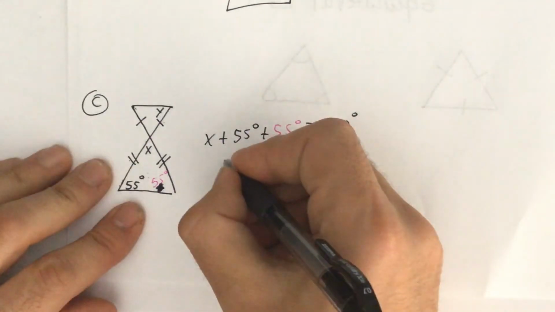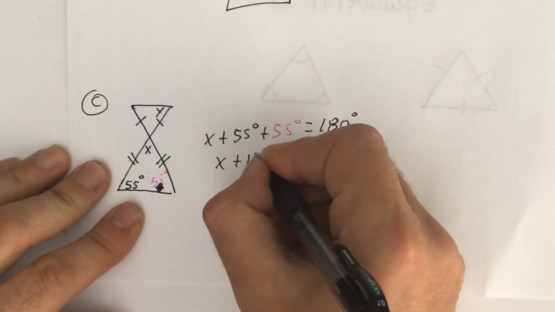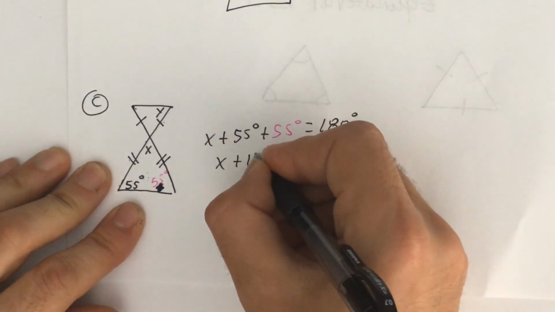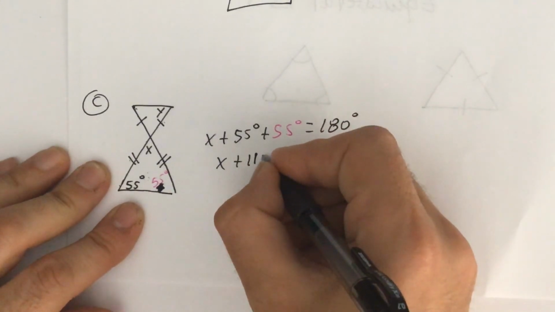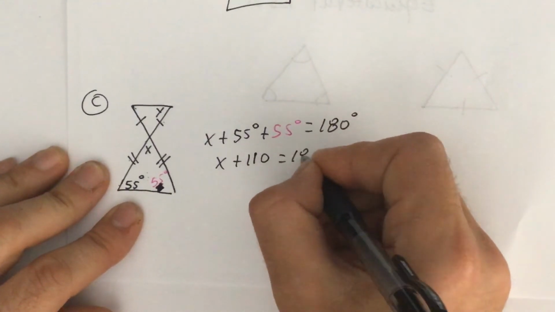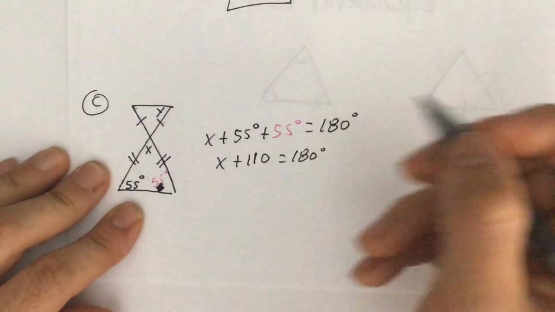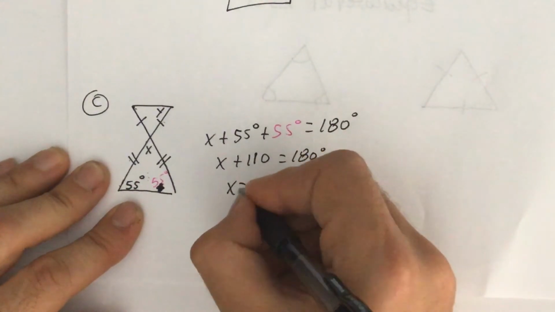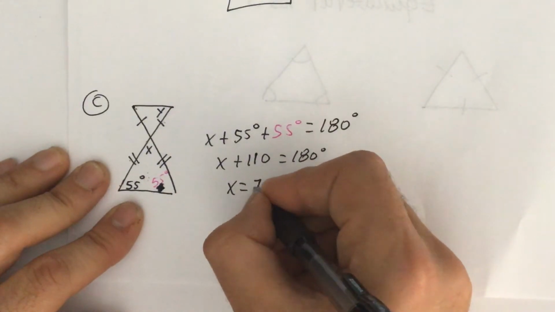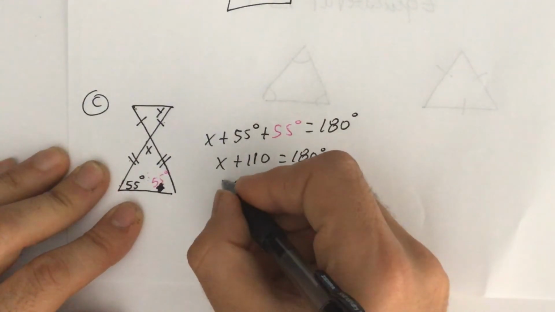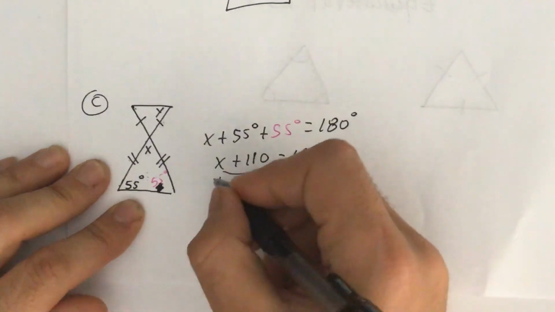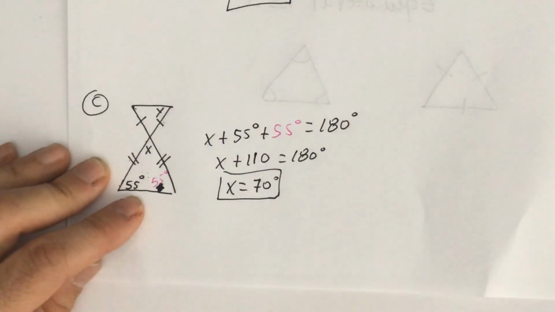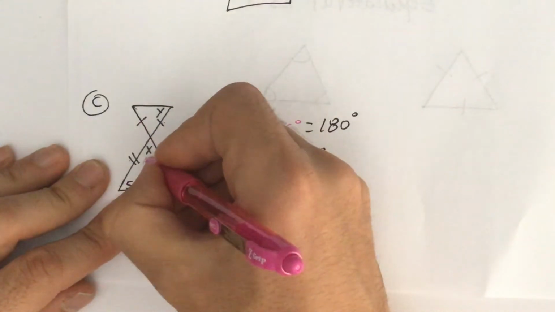So that will be x plus 110 equals 180. Subtracting 110 from both sides should give you x equals 70 degrees. Right? So that means that this is 70 degrees.